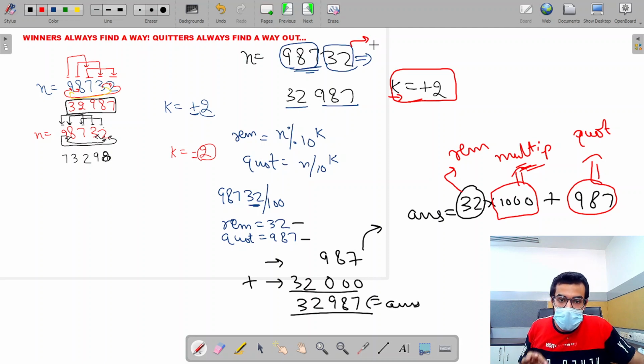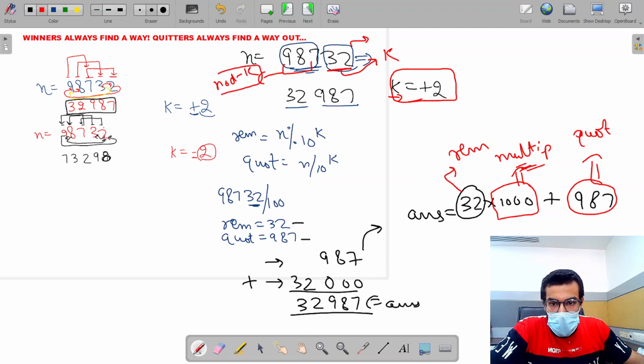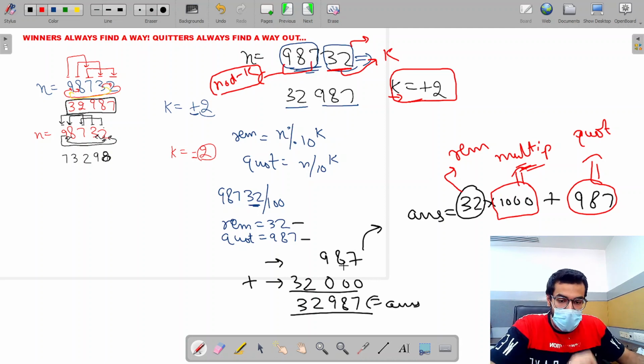So if I want k digits from the end to be separated, can I say that this is k, and if the total number has got NOD digits, the count of total digits in the number is NOD, then this is NOD minus k. This is one way of saying this. And also, this is the number of digits in the quotient.